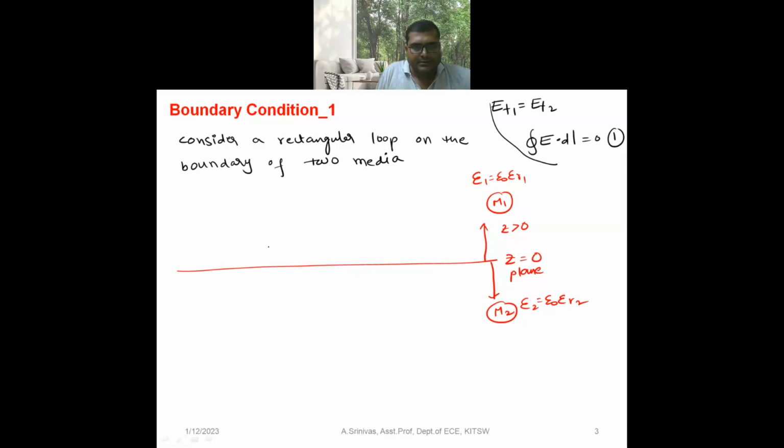Now consider the rectangular loop on the boundary.